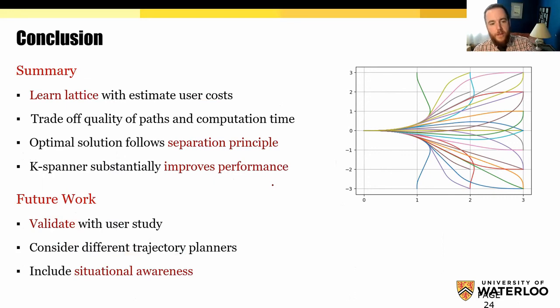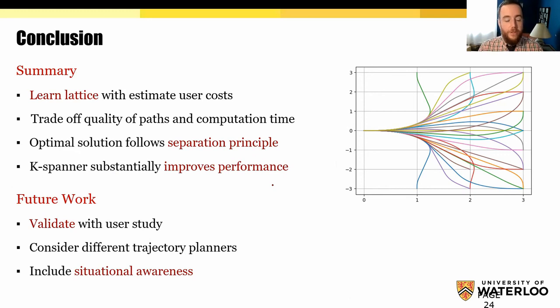To summarize, in this paper, we learn a lattice, and by learning a lattice, we mean we learn the costs of trajectories on that lattice by estimating a weight W that reflects the weight of a user, and we estimate that weight through demonstrations.